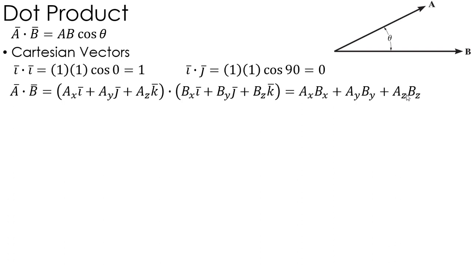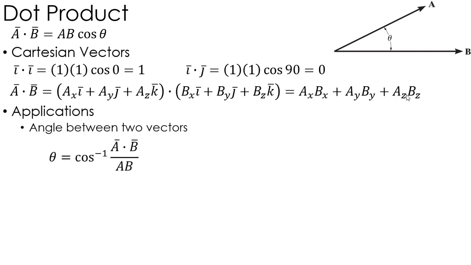So why do I care about this? Well, the first application is to find an angle between two vectors, which is very easy in 2 dimensions. We can just use geometry and trigonometry to figure out the angle between two vectors. But in 3 dimensions, that's next to impossible.